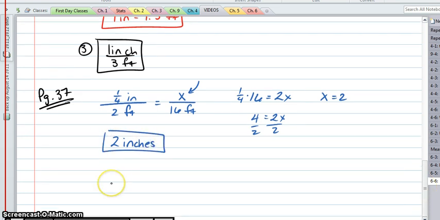We can look at number 2 and do the same thing, the principal's office. So again, using the scale that we were given, we can set this up, and in this case we were told that in the drawing it's 1.25 inches. We do not know the actual length. So let's solve this proportion.